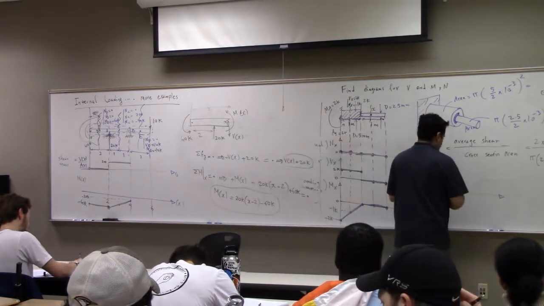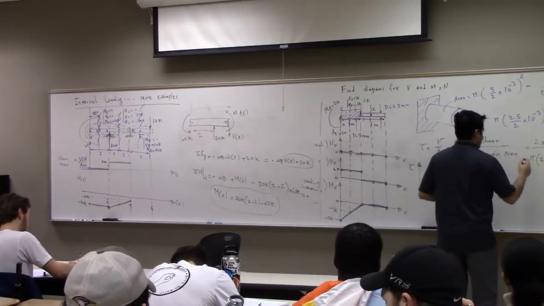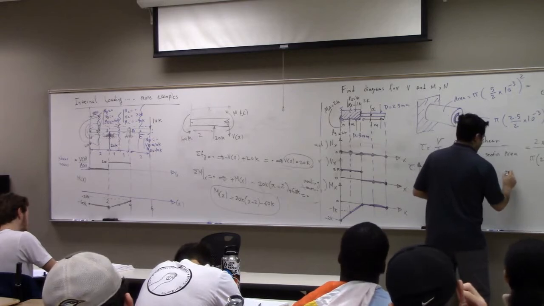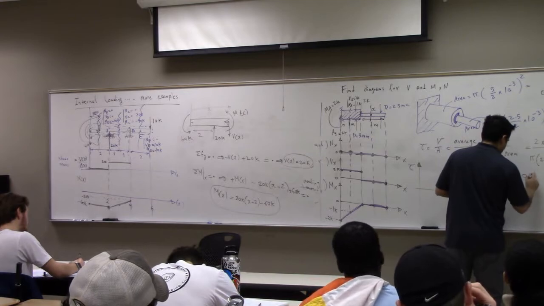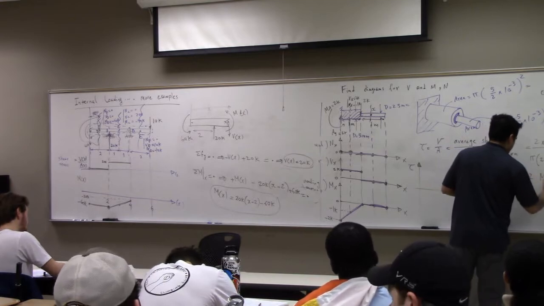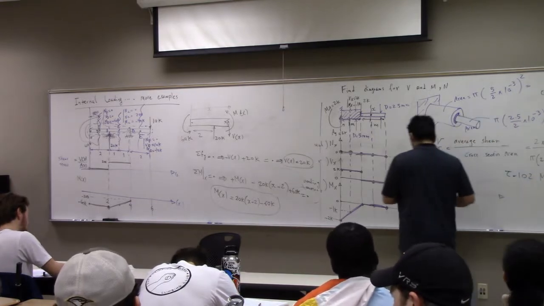It's almost 100 megapascal. So tau is equal to 101 or 102 megapascal.